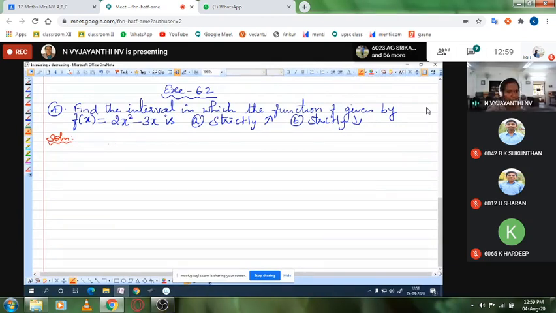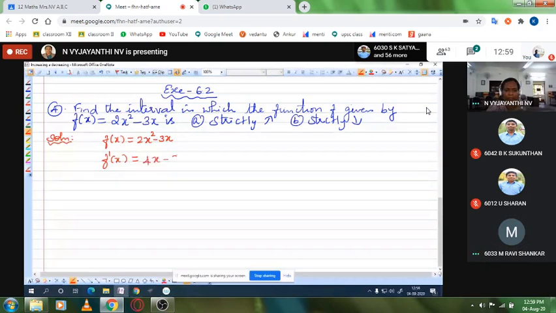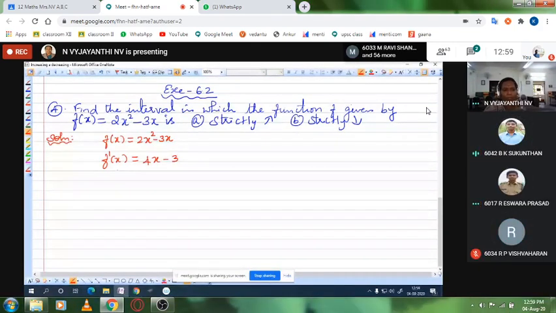Given f of x equal to 2x square minus 3x. For the second derivative test, we should find f dash of x. f dash of x is 4x minus 3.